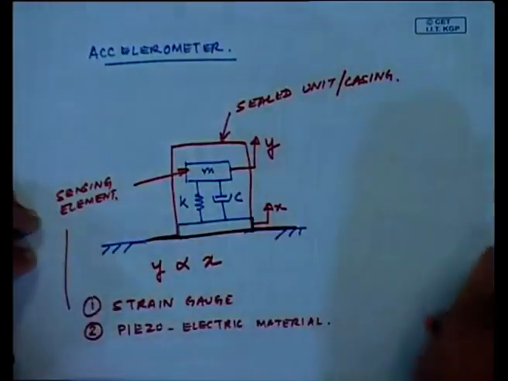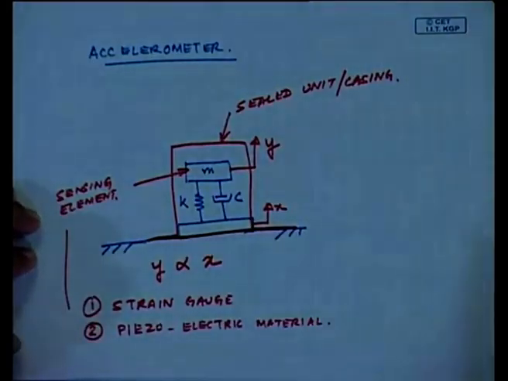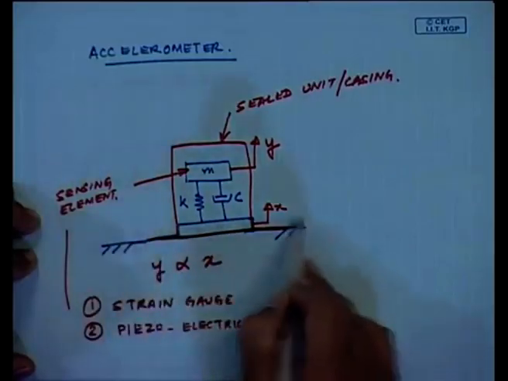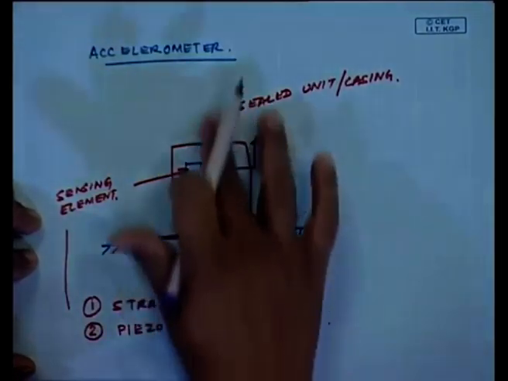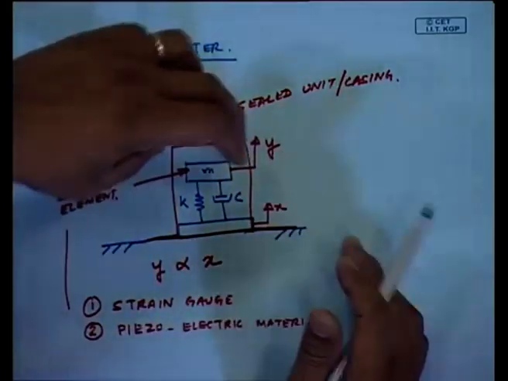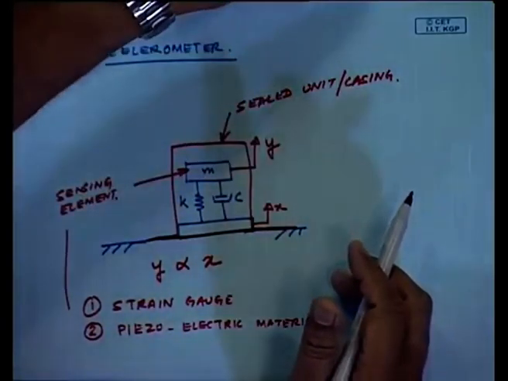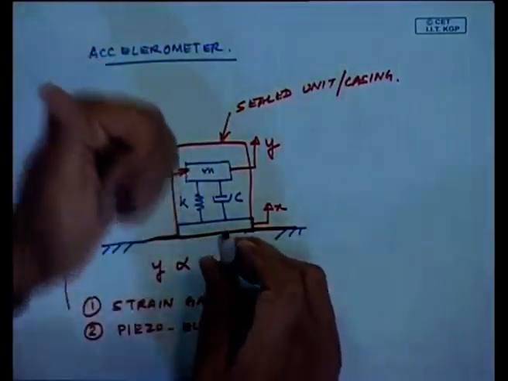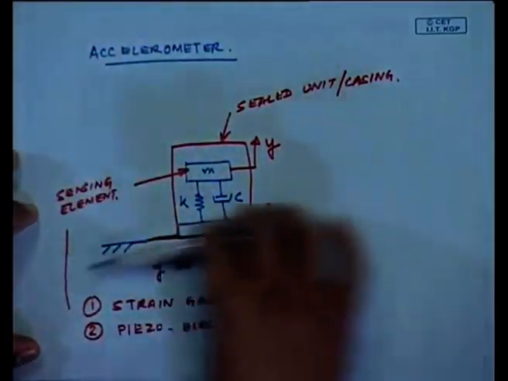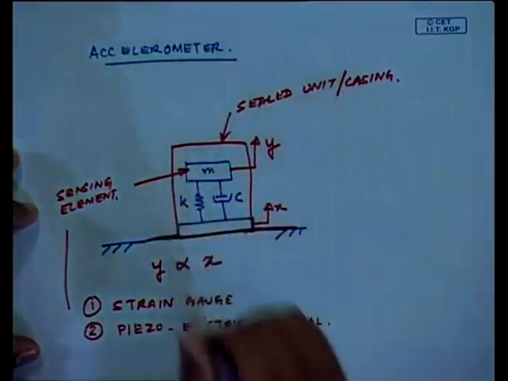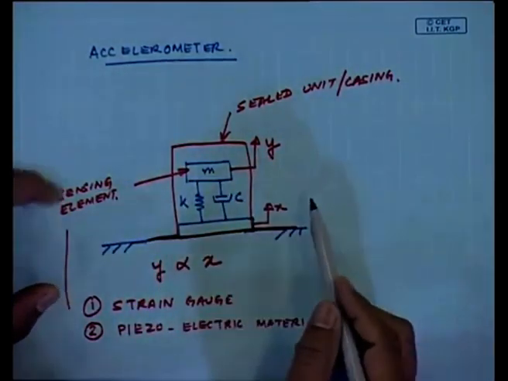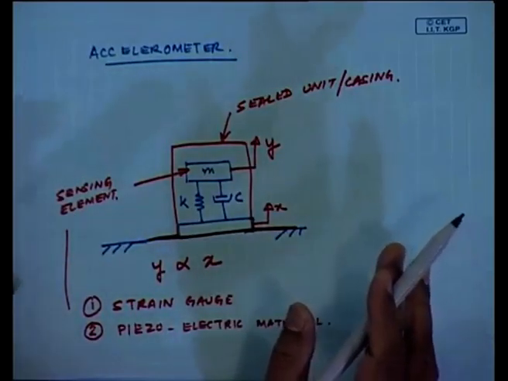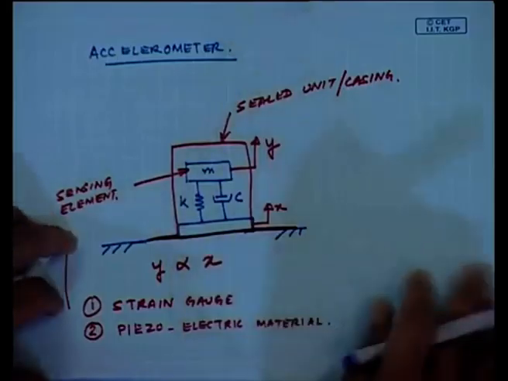Because of the feature of the piezoelectric crystal, if there is a motion in the horizontal direction, it is not going to sense it. Once I put this unit on a structure, I may only be measuring in the x direction, but what if there is a strong motion in the y direction, in the z direction? Is my piezoelectric crystal going to sense it? No, and that is the advantage of the piezoelectric crystal. It is very directional.